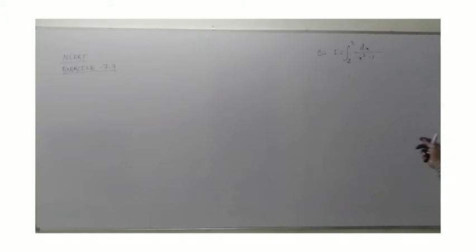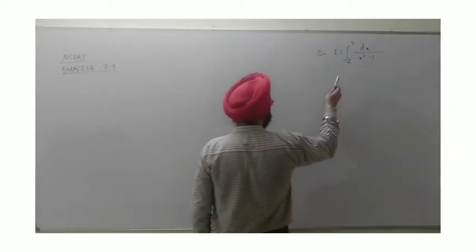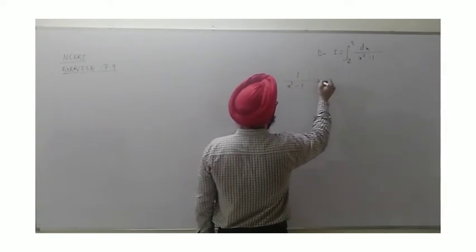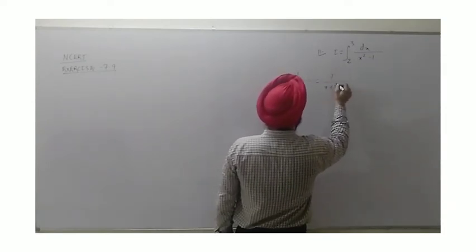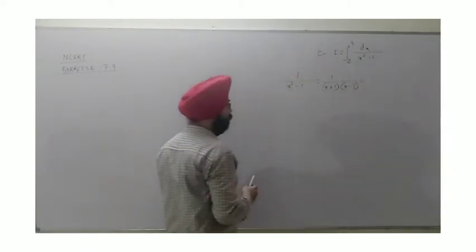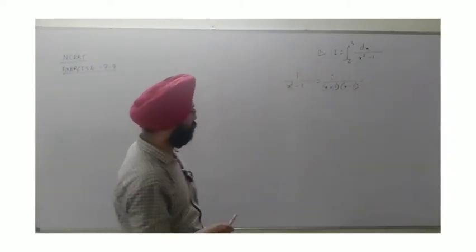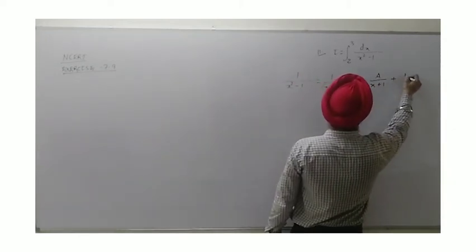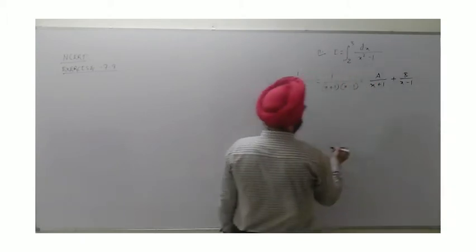Here next I am taking question 11. Here we have to use partial fractions, though other methods are also possible. If I apply partial fractions, 1 upon x square minus 1 can be written as 1 upon x plus 1 times x minus 1, which is equal to a upon x plus 1 plus b upon x minus 1.